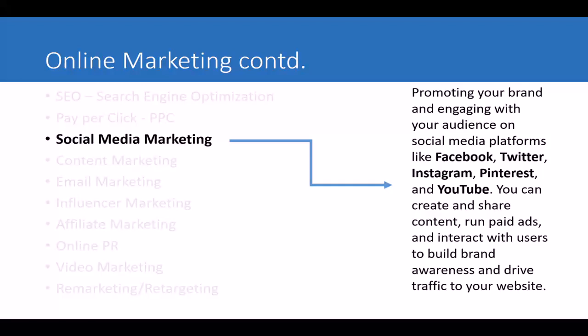So Facebook is there, Twitter is there, Instagram, Pinterest, YouTube, all these social networks, they have a marketing platform where you can run ads and drive traffic to your product pages, and from there you can get some sales. So this is just another way to drive traffic and generate sales using social media marketing.